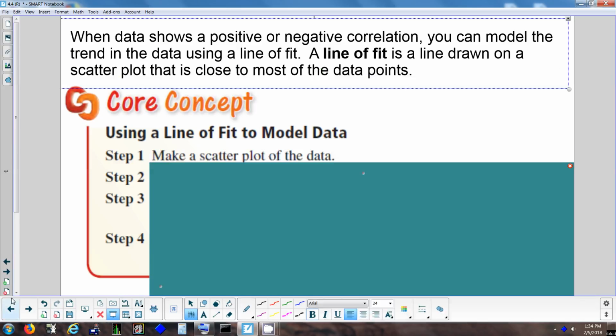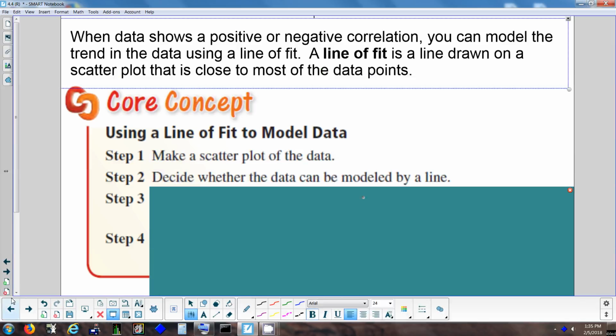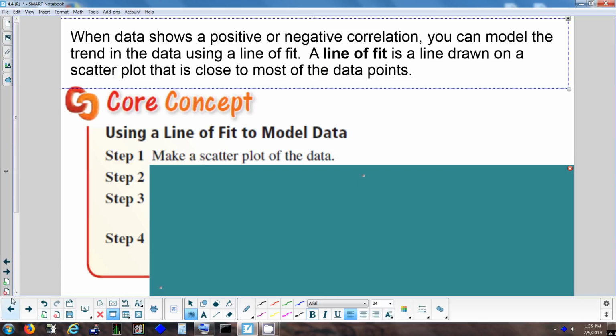So step 1, like we just did, make a scatter plot of the data. There's a lot of hidden information there. That's a big idea, because that means you have to make sure you label each axis and put the numbers in.